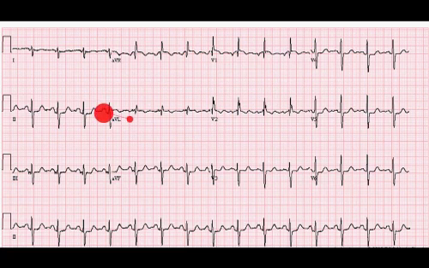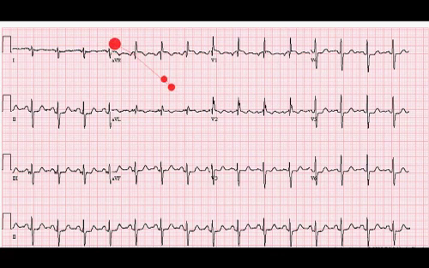Okay, and now we have an abnormal slide in many respects. First of all, there is right axis deviation, and secondly, there is a wide P wave showing intraatrial block, which could be a manifestation of left atrial enlargement.